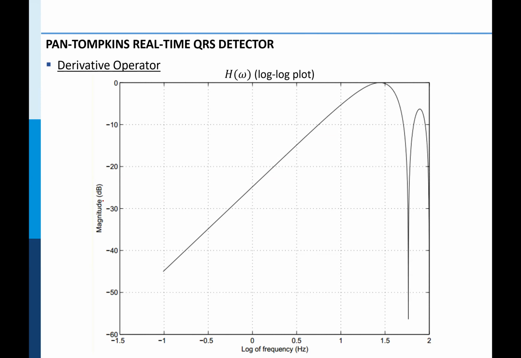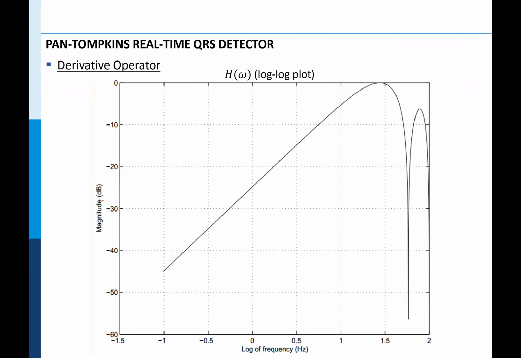Okay. And if you were to see the plot of this one in the scale of what's called the log-log plot, typically in the previous things we have seen the plot to be a linear x-axis and a logarithmic y-axis. Here, just to show, when we have a logarithmic x-axis and a logarithmic y-axis, which is the magnitude in dB, you would see the frequency response of this derivative filter is linear.